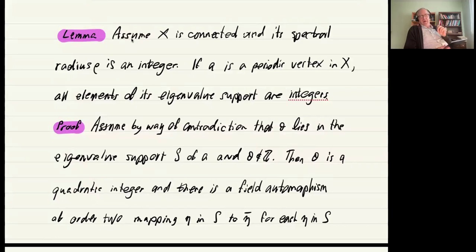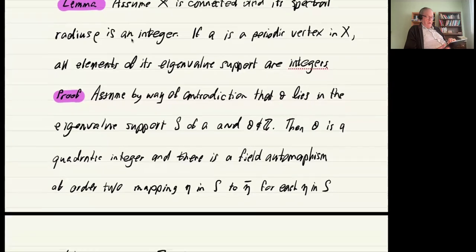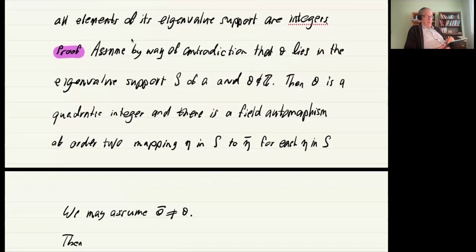It's just the algebraic conjugate. So the algebraic conjugate of root 2 is minus root 2. That's just a notational point. And so we have this field automorphism that maps an element to its algebraic conjugate, and in particular, it maps theta to theta bar, which is not equal to theta.